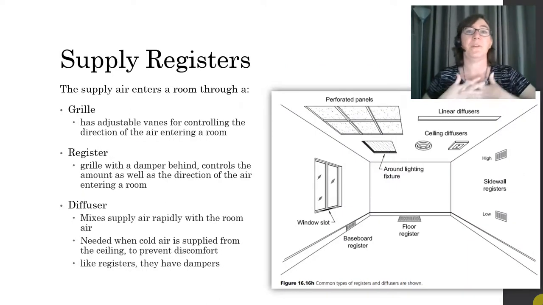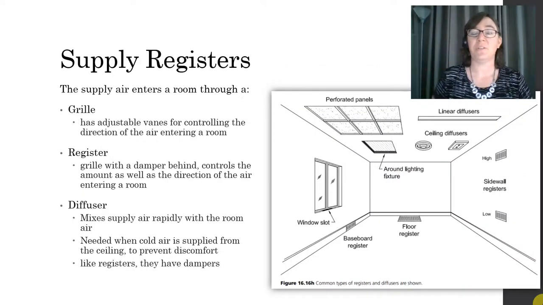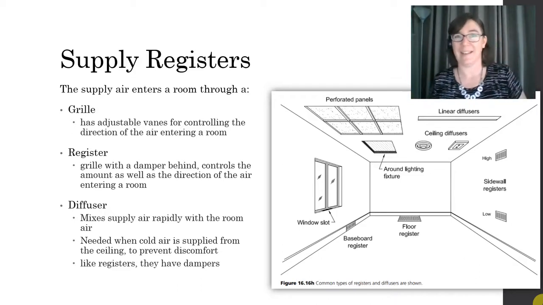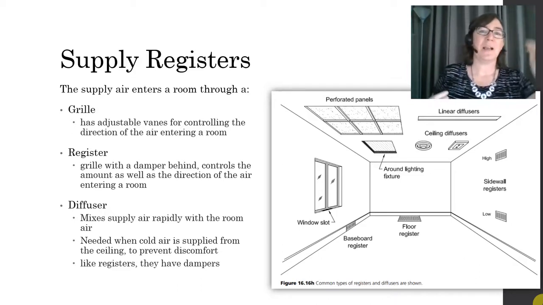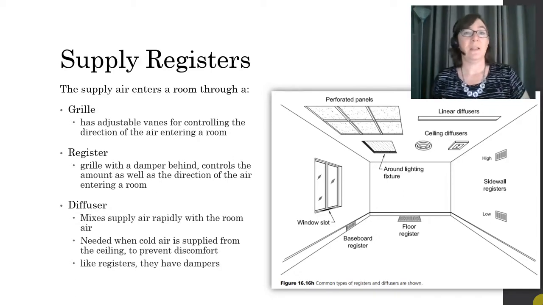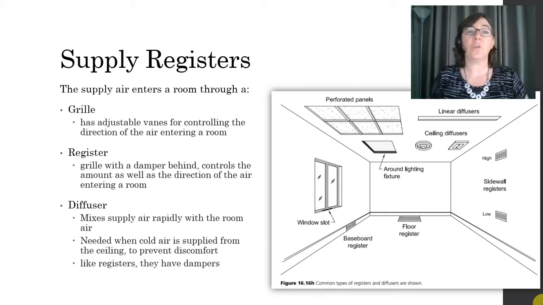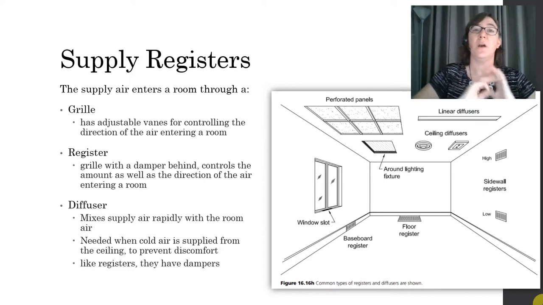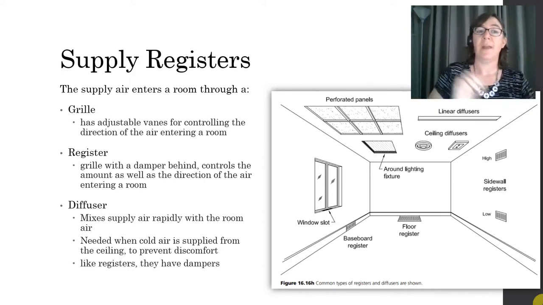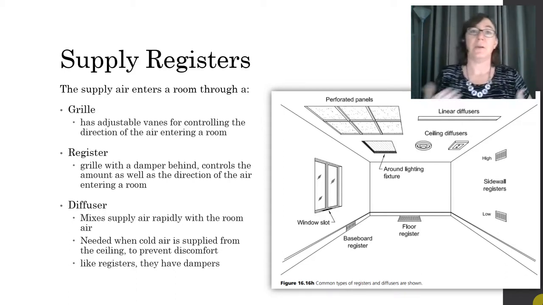Let's move on and talk about the different types of supply registers. They come in many shapes and sizes, but there's a couple basic types. First of all, a grill. It has adjustable vanes for controlling the direction of air entering the room, but you can't open and close it. A register is a grill that has a damper, which controls the amount of air and also the direction of the air.